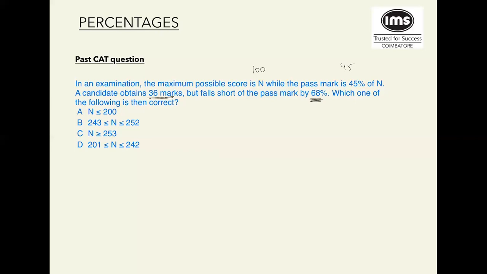pass mark by 68%. So let me just draw this. Let's say the total score is n and the pass mark is 45% of n. Okay, this is the pass mark.